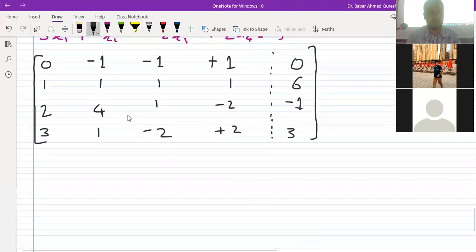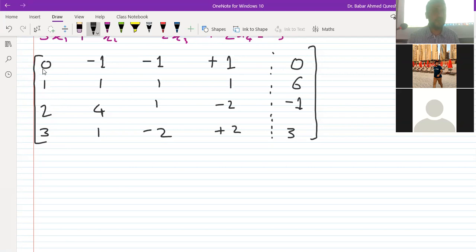Now, the problem with this matrix is twofold. First of all, to get strictly triangular form, I should have a 1 over here. Oh, not 1, any number over here, but not 0. But there's a 0. And also, I told you the algorithm: leave the first row and start bringing zeros over here.